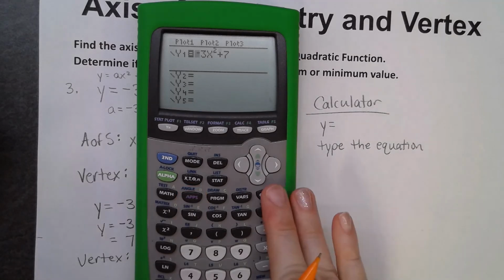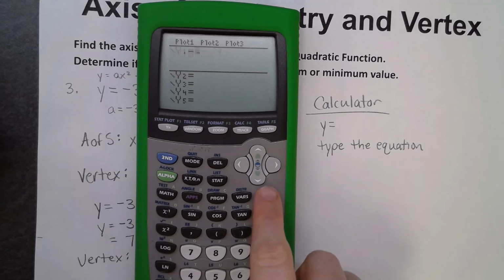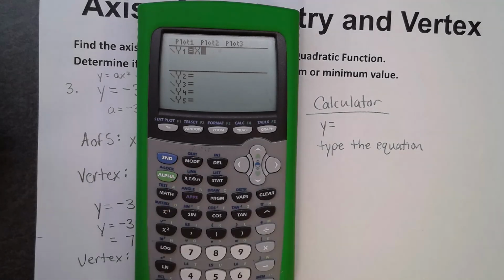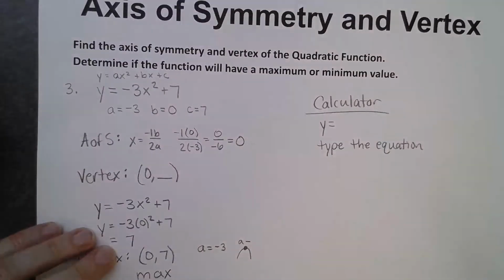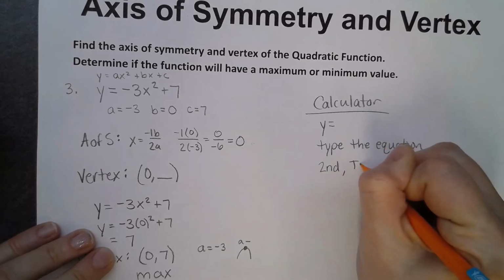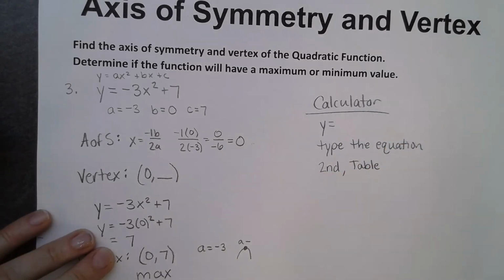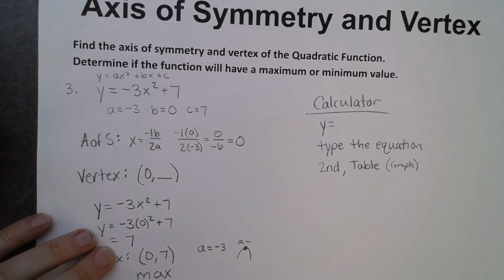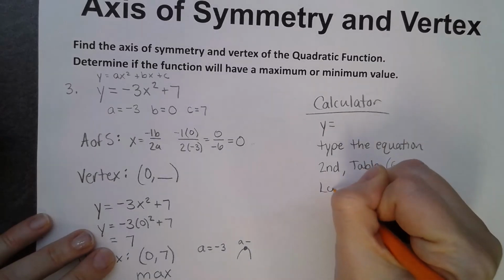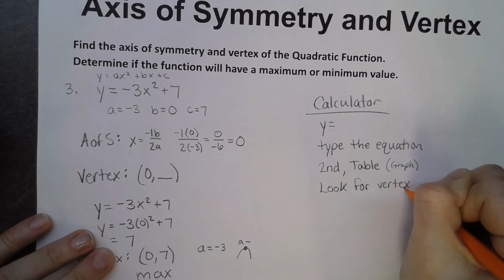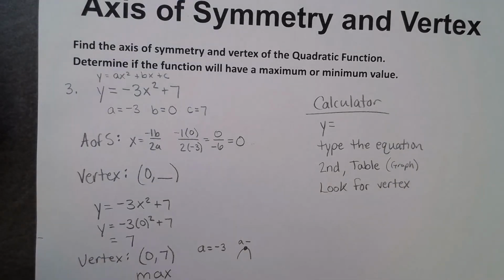There are other ways you could do it with the alpha key, but if you are typing in and you need an x, underneath the mode key is your x variable. Once you type in your equation, you'll hit second table, the table on the graph button. When you go to second table, you're going to look for the vertex. And you should see that repetition in the table on either side of the vertex because that makes that U shape.